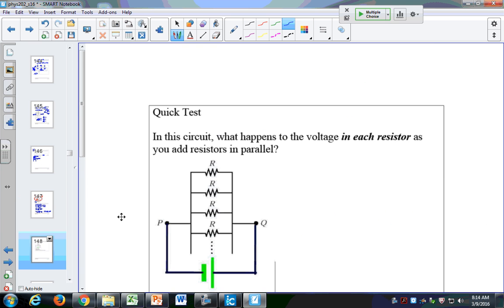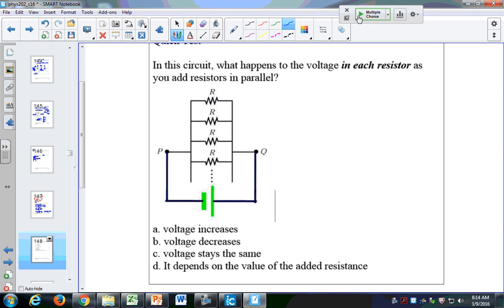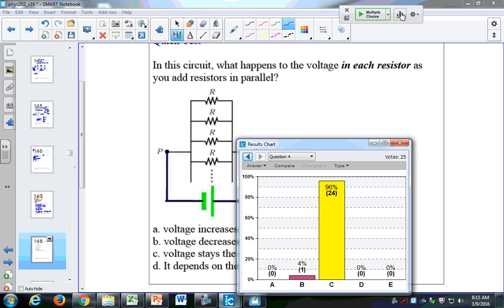Let's do this clicker question. What happens to the voltage in each resistor when you add resistors in parallel? Okay, awesome.